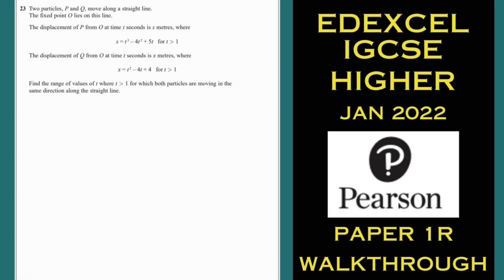Number 23, a non-standard, in my opinion, weird differentiation. So to differentiate, you bring the power down, you take one off the power. So ds, differentiating this with respect to the variable t, bring the power down means 2 times 4, take one off the power, and 5t just becomes 5.